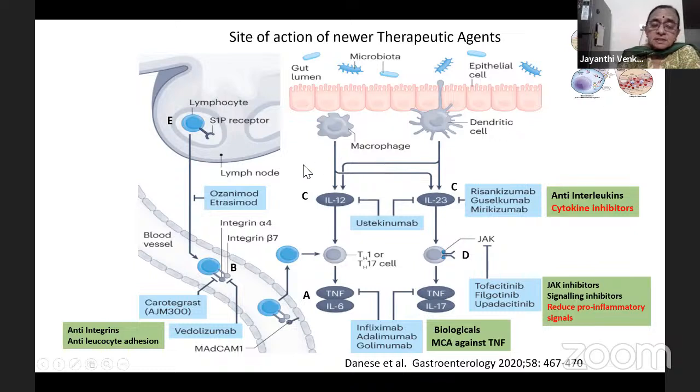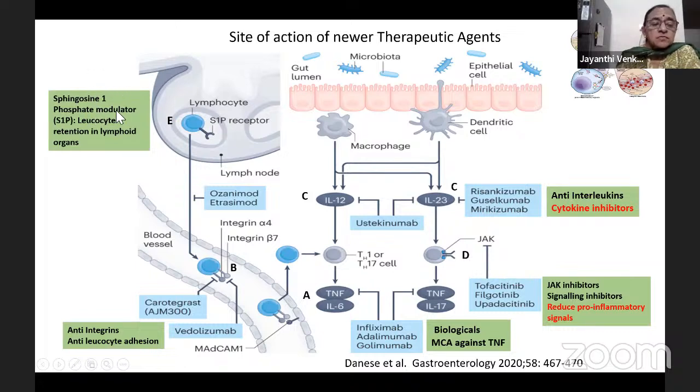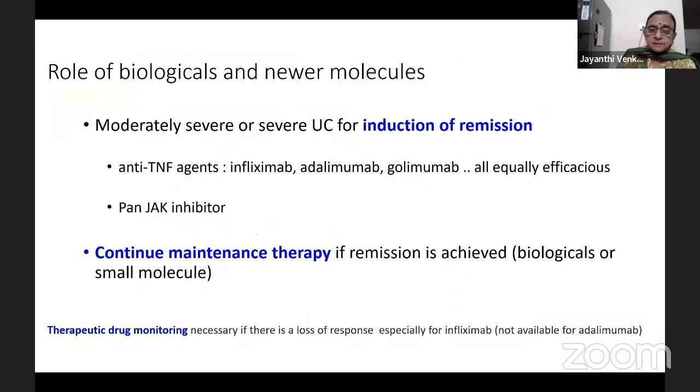And the most recent and the latest is the one that acts on the lymph node, the sphingosine-1 phosphate modulator. They retain the lymphocyte. So once they retain the lymphocyte, the entire cascade of lymphocyte-mediated cytokine and chemokine-mediated inflammatory response is likely to be abolished.